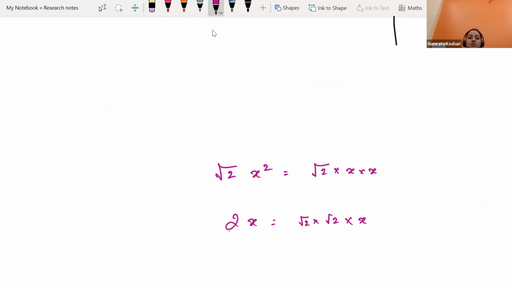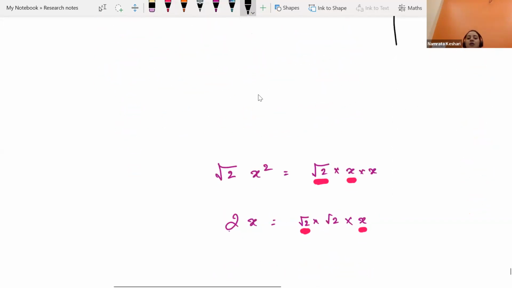Now we can see root 2 is the common factor, and x is common, right? So inside the bracket will be x plus root 2, yes.